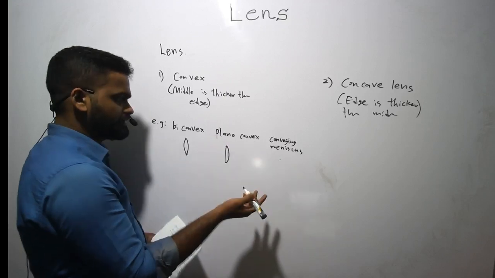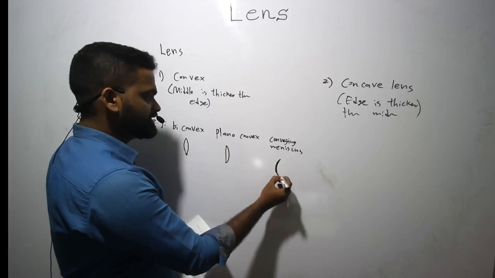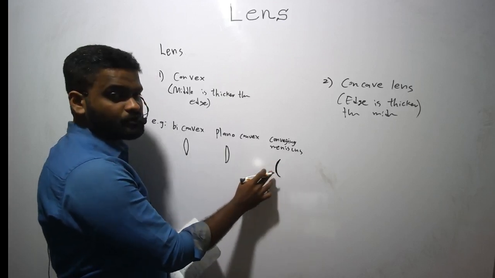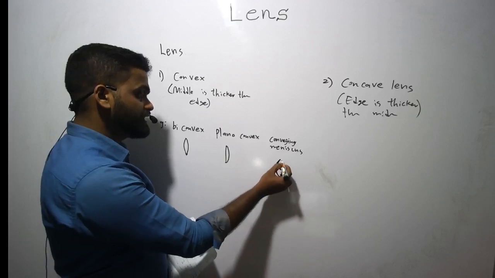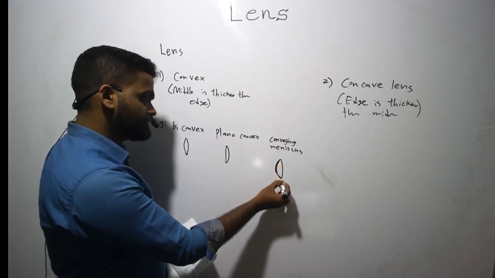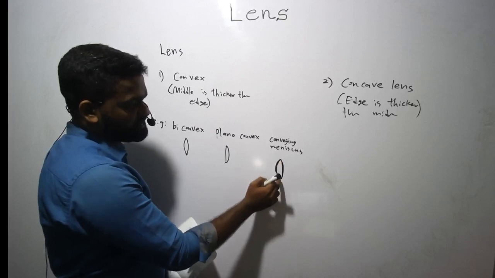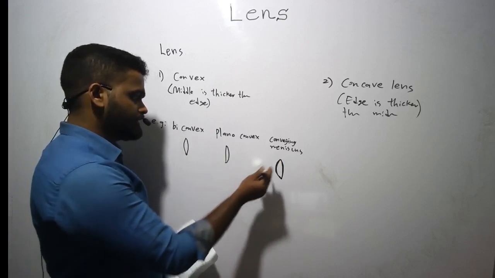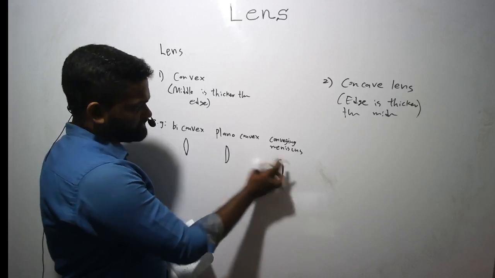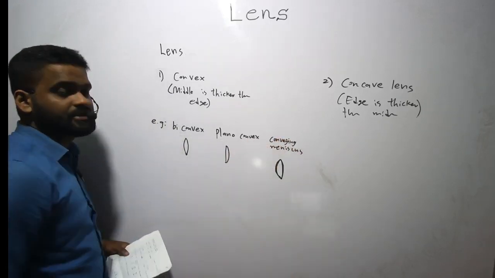Converging means convex type, but one side is like this. Both sides do not have the same curvature. The curvature here is higher, here it is lower. So this shape we call a meniscus shape. The curvatures are different here. That's the only difference. So it is a converging meniscus.